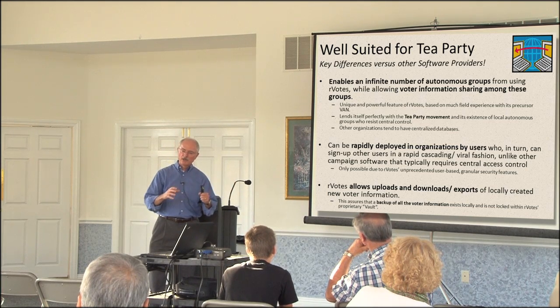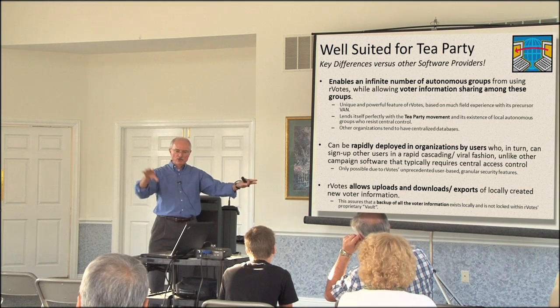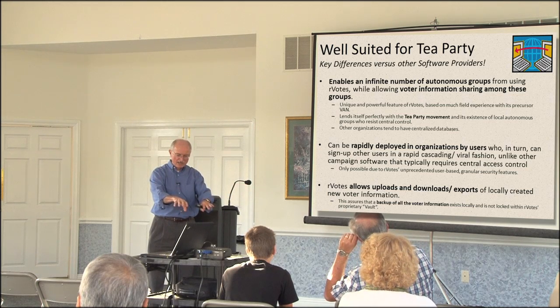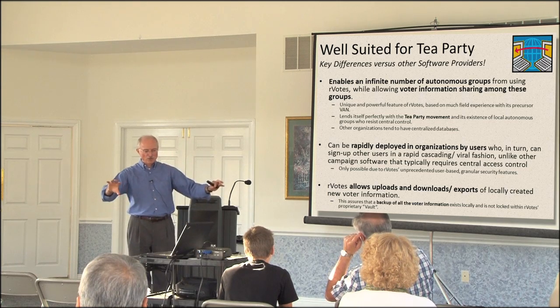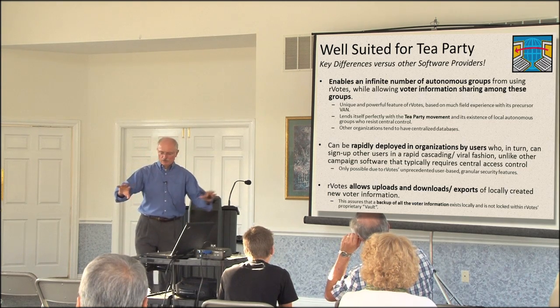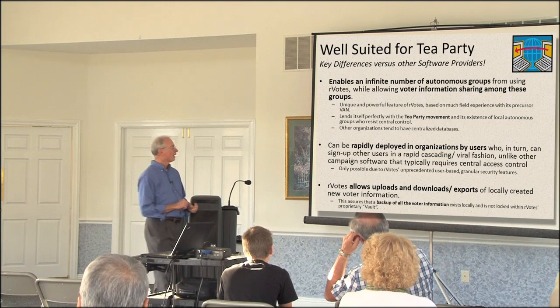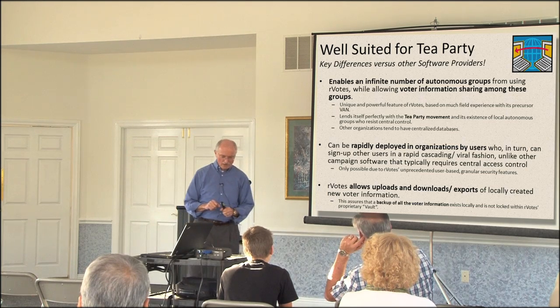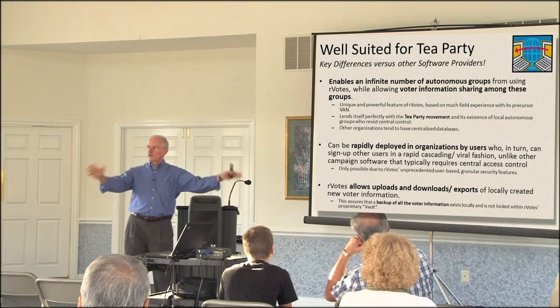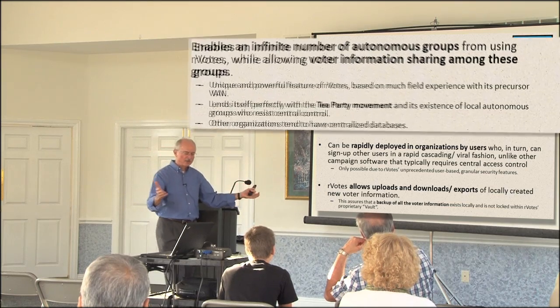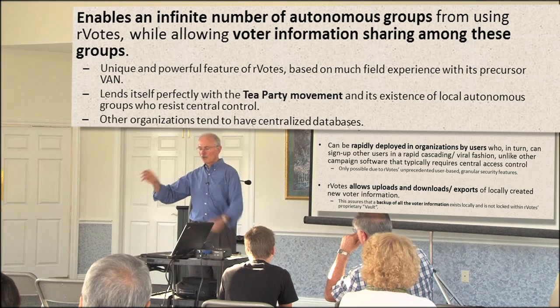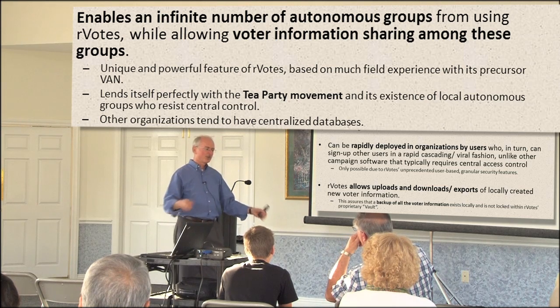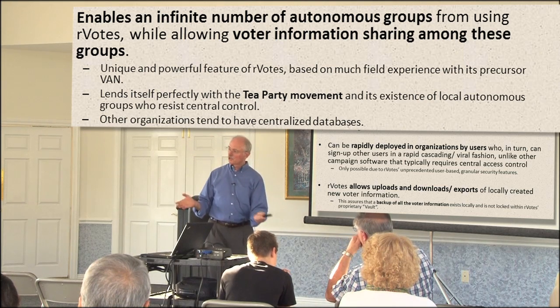He programmed that in so that on the left, all these disparate groups could work side by side, even though they don't like each other, but share voter information where it makes sense. And of course, the Democratic National Committee was looking at it all, as well as Organizing for America. And so this is ideally suited for the Tea Party groups, because, let's face it, Warren and I are acutely aware that in all the regions, wherever we go, there are Tea Party groups and 9/12 groups who don't necessarily like each other, okay?